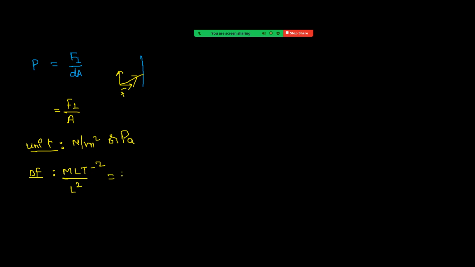Then see what we get. It is M L power minus 1 T power minus 2. This is the dimensional formula for pressure. Okay. Let us see how we calculate pressure at some depth inside a liquid.